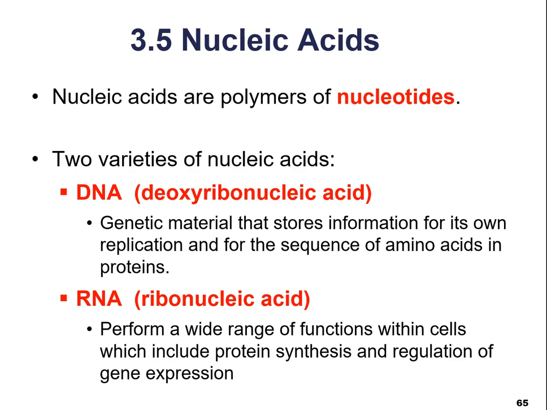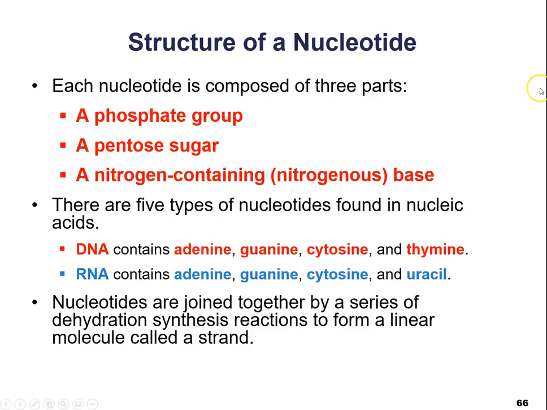DNA is genetic material. Obviously, if we talk about our genes, they are made up of DNA. RNA is involved in protein synthesis and regulation of gene expression. So DNA and RNA really go hand in hand. But if we talk about our genes and the storage of genetic information, it's in the DNA.